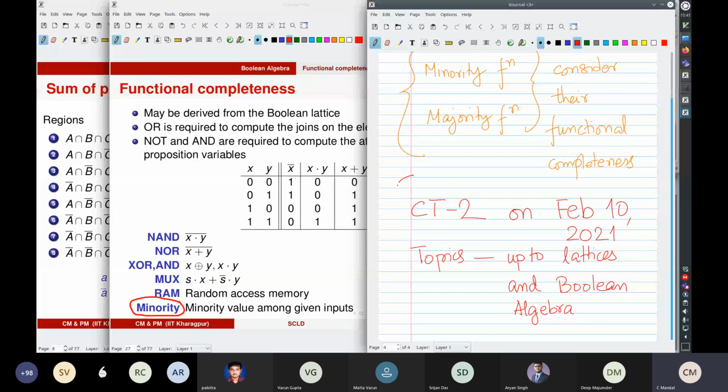This is your announcement for class test 2. Please make a note of it. I'll put it up on WBCM also, but do make a note of it.